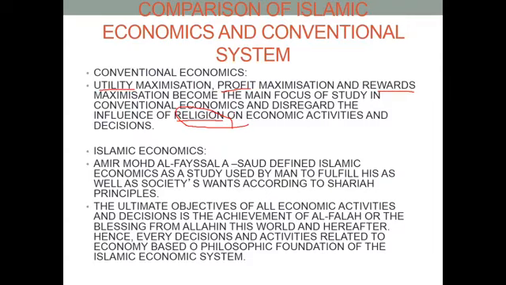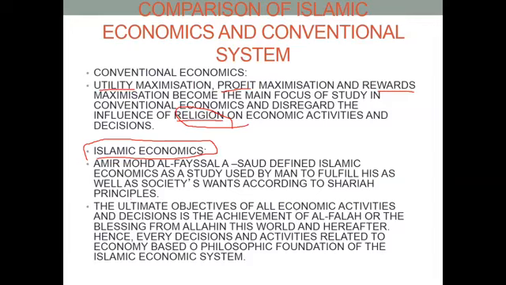Now let's look at Islamic economics. Amir Muhammad Al Faisal Saud defined Islamic economics as a study used by man to fulfill his as well as society's wants according to Shariah principles.